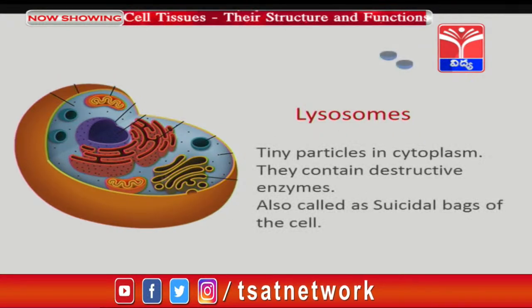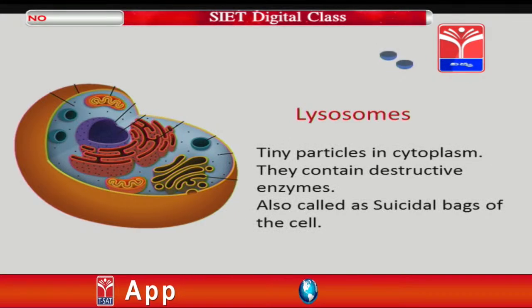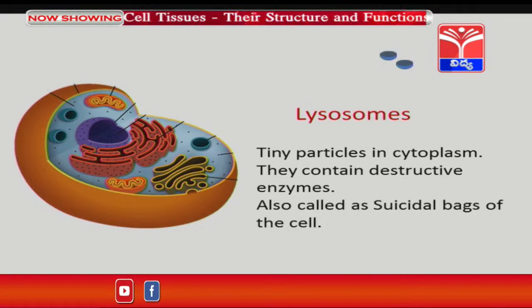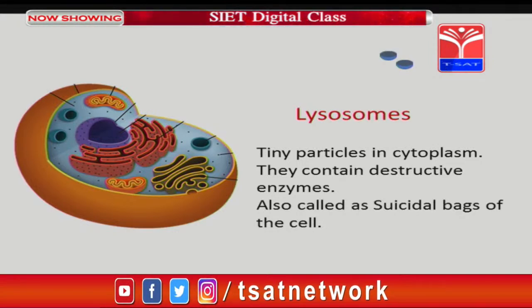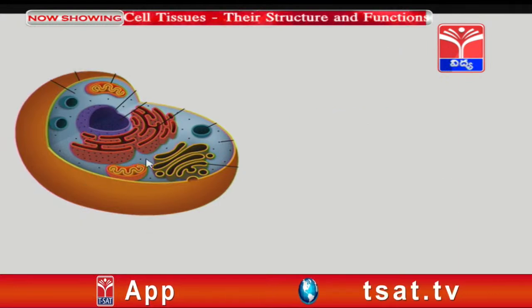Lysosomes. Lysosomes are the tiny particles in cytoplasm. They contain destructive enzymes, means the substances which are to be destructed are digested in the lysosomes. Lysosomes are also called as suicidal bags of the cell. This is the mitochondria.